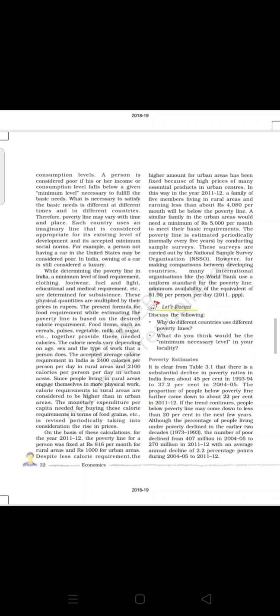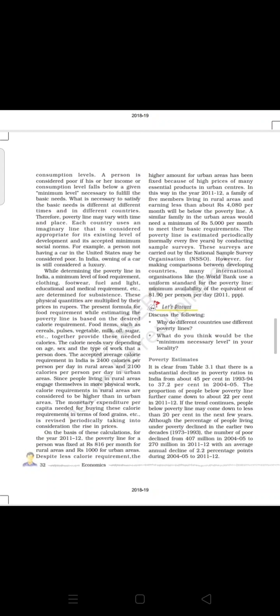While determining the poverty line in India, a minimum level of food requirement, clothing, footwear, fuel and light, educational and medical requirements, etc., are determined for subsistence. These physical quantities are multiplied by their prices in rupees.